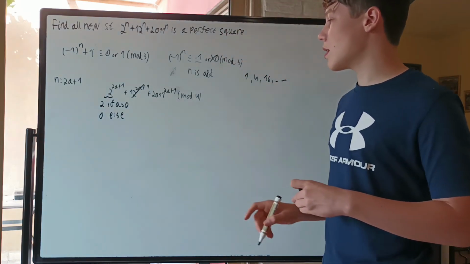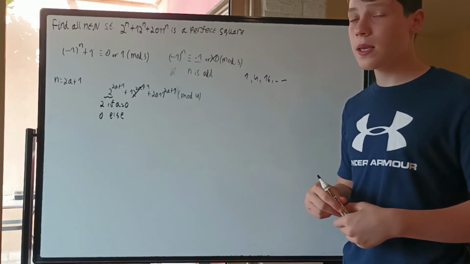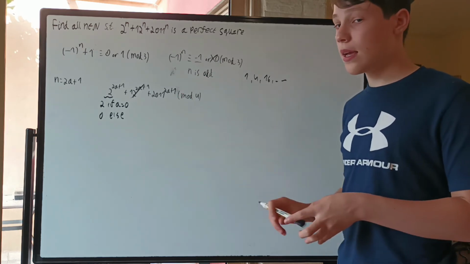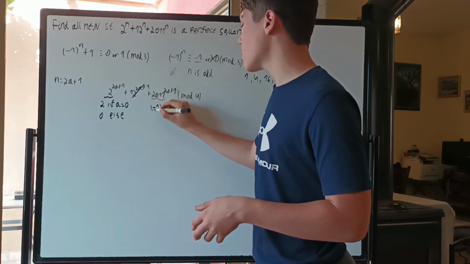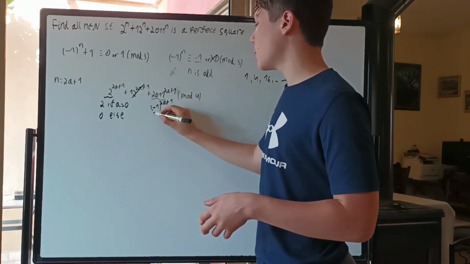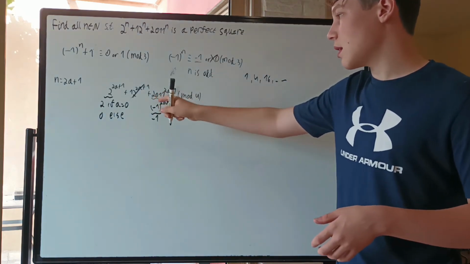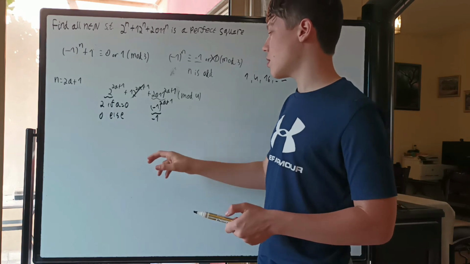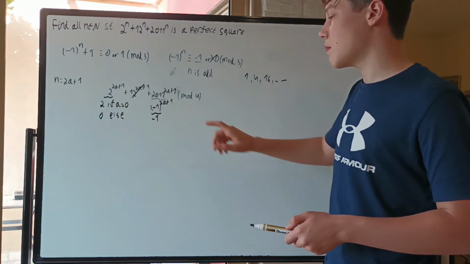Right, and now 2012 is a multiple of 4, that's easy to see. So 2011 is 1 less than that, which means this is negative 1 mod 4. This is negative 1 to the 2a plus 1, which makes it negative 1. So we have this minus 1 mod 4.